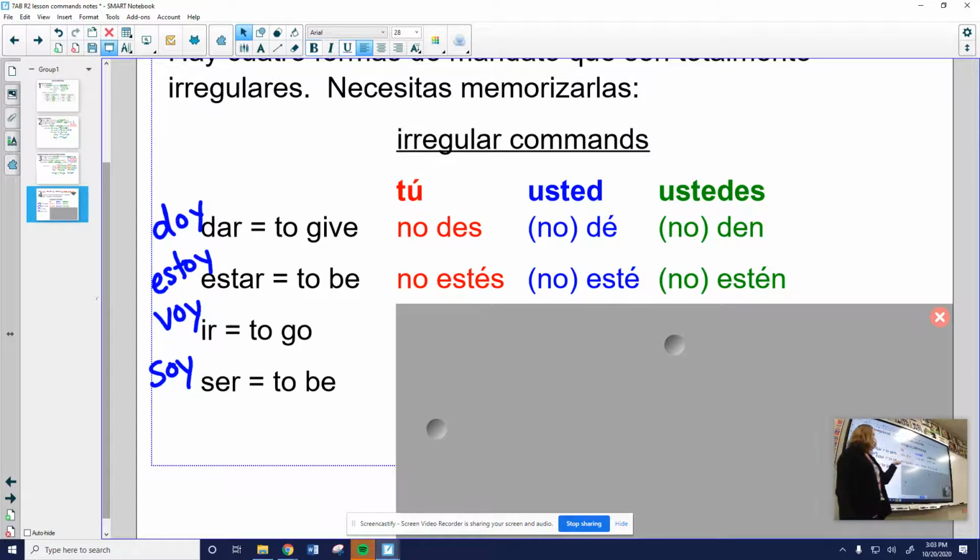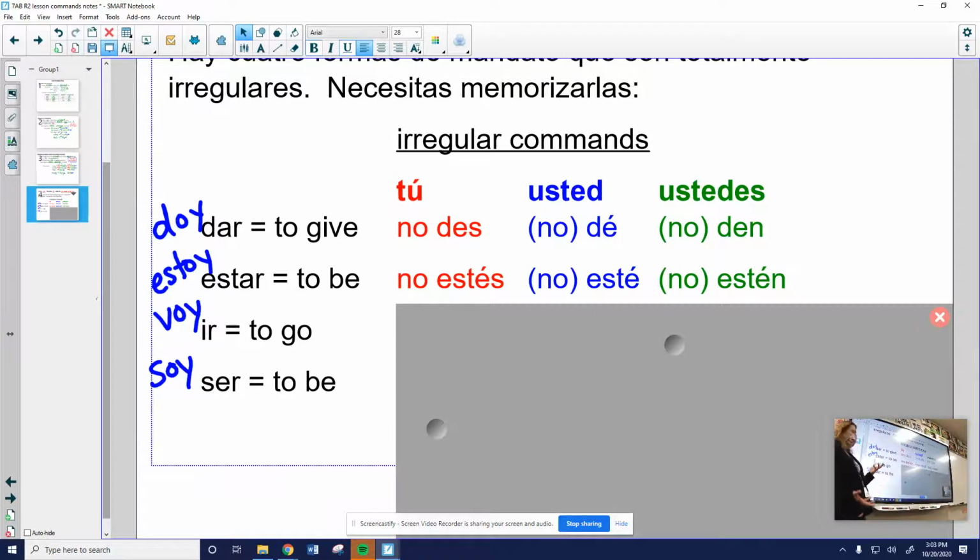These two verbs, you can kind of see the pattern with the commands. Am I right? They have the opposite ending, and they're kind of similar to the present tense. Dar is an AR verb, but the vowel in the commands is an E. Estar is another AR verb, but the vowel in the commands is an E.